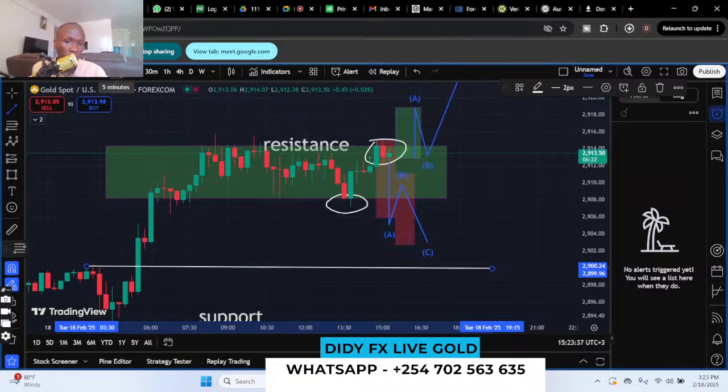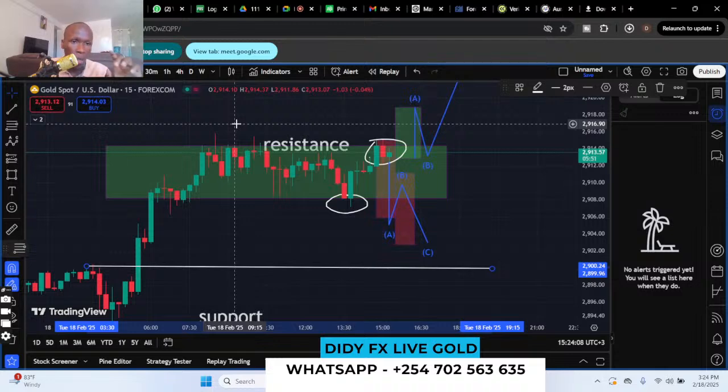I marked my point and I knew that's where the market is going. That's where I'm targeting the market to hit. So I had a lot of confidence, though it was a very risky buy, but I ended up closing the trade with more than $1,000. So you need to be very keen when identifying your buy zones and your sell zones.